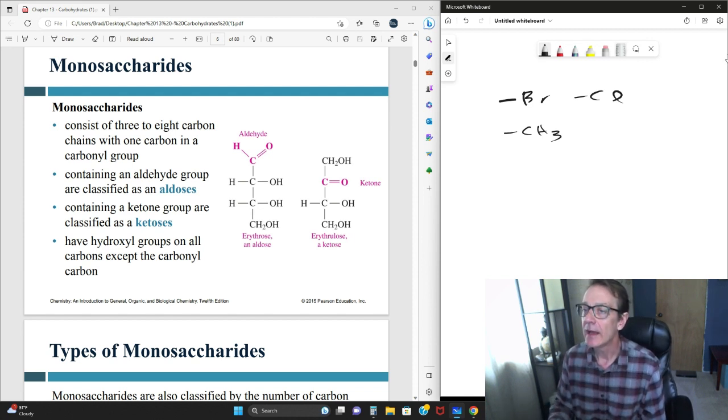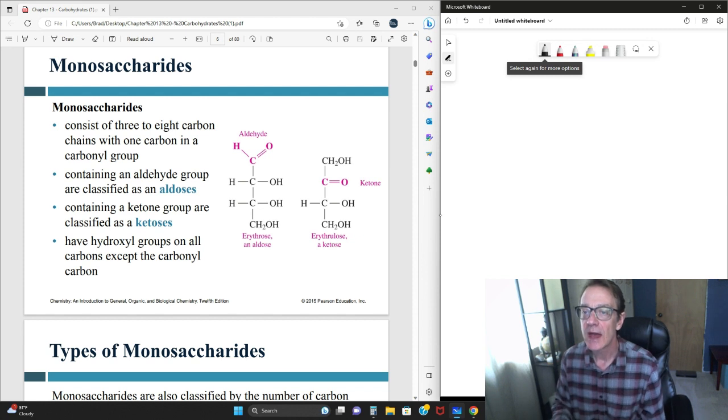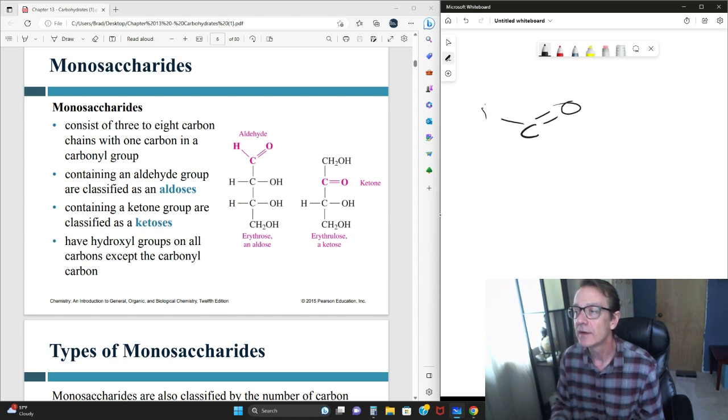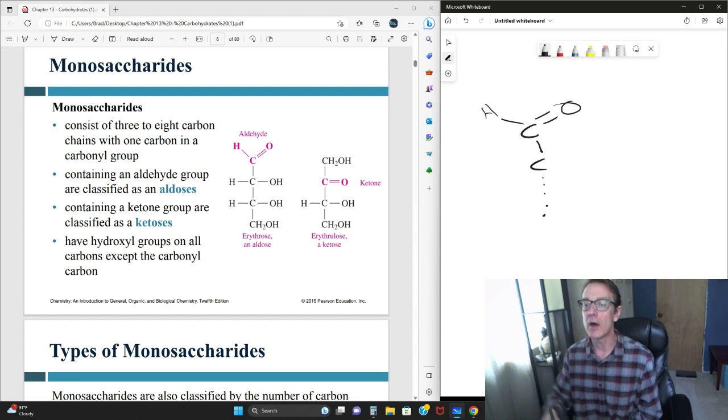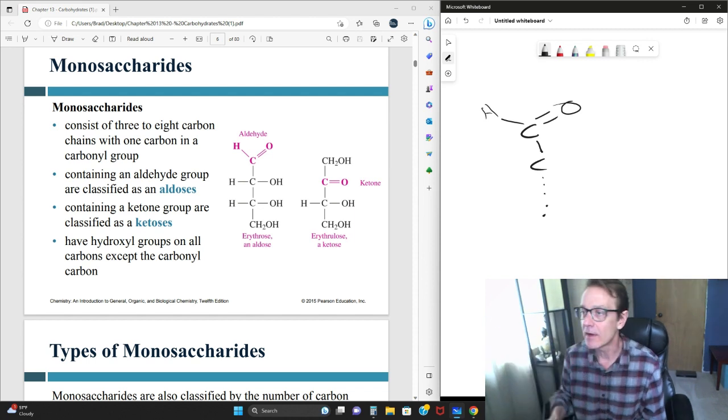So an aldehyde is a special construct that involves, over here in pink, a carbon double bonded to an oxygen and a hydrogen, and then the other bond is to another carbon down to the rest of the molecule, in this case going down off the page.